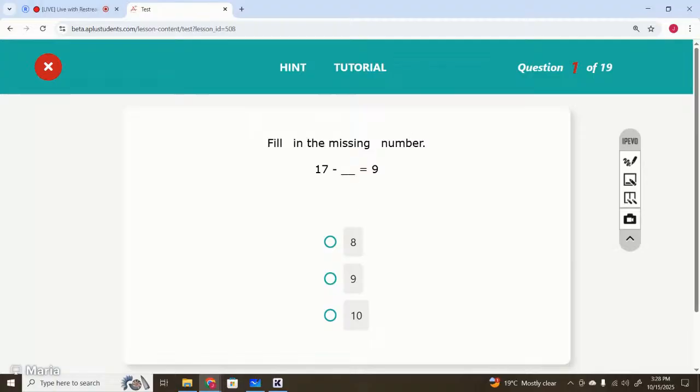So you need to subtract 9 both sides. So 17 take away 8 is 9. The correct option is 8.